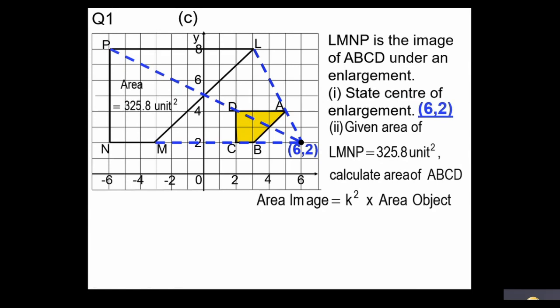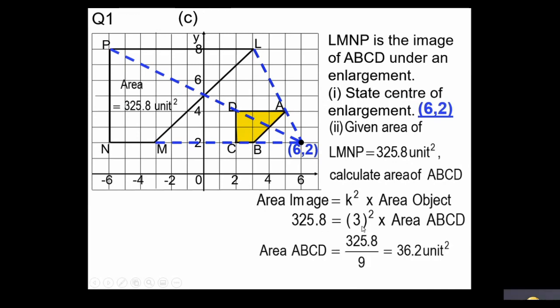Remember, we have already calculated just now, the scale factor is 3. So now they give you LMNP, which is the image, 325.8. The scale factor is 3, so 3 square, which is 9. So to get the area of ABCD, you just take this one and divide by 9. Then you will get this. Later you will see this last part is not always this easy.